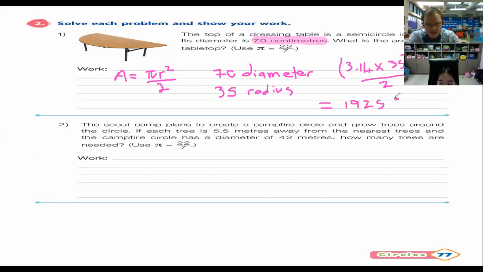It could be a little bit more, a little bit less, depending on if you use 22/7 or 3.14. It will change a little bit. So it will be 1,925 square centimeters as our answer.